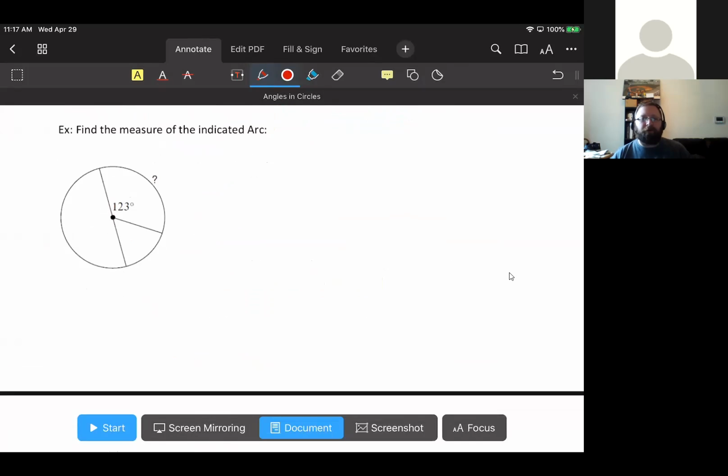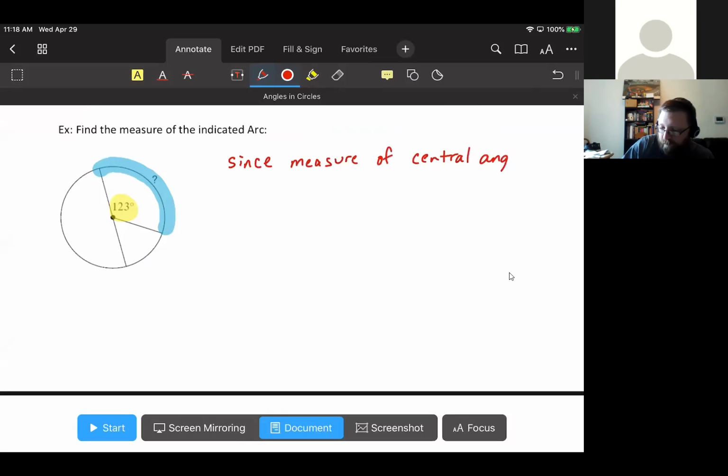This should be pretty straightforward here. We need to find the measure of this arc right there. Well, what we just stated is that the angle is equal to the arc. So since the angle is 123 degrees, the arc will have the same measure.